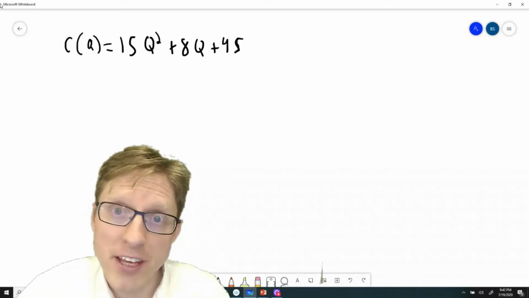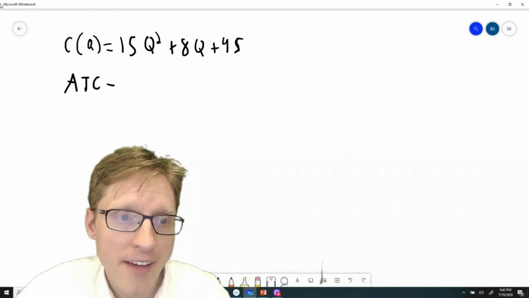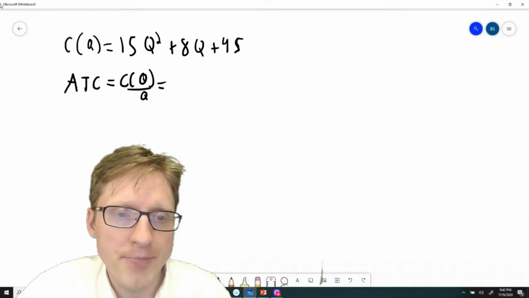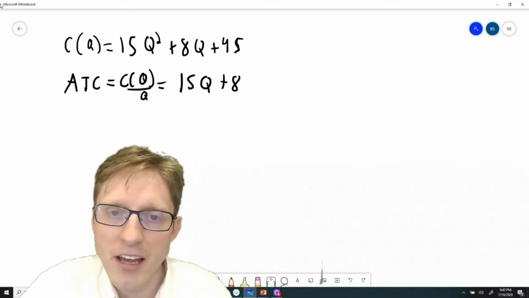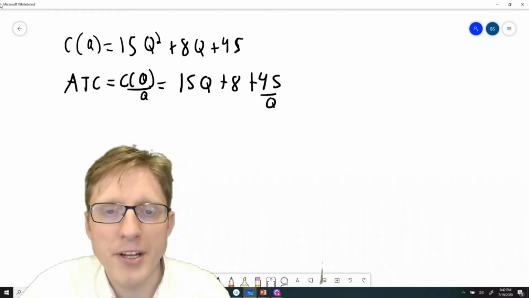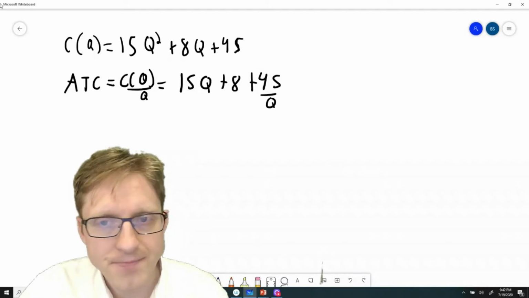Okay, so the first thing to solve this problem, first thing we want to do is calculate the average total cost, and that's just equal to this cost function divided by the level of output, which is equal to 15Q plus 8 plus, and you can't forget this part, 45 divided by Q. Often people forget to keep the constant in there. Okay.